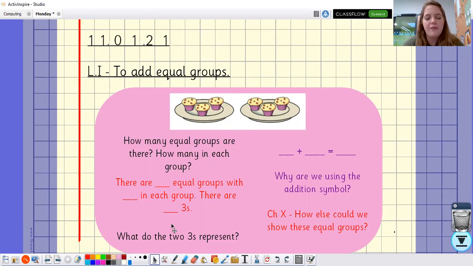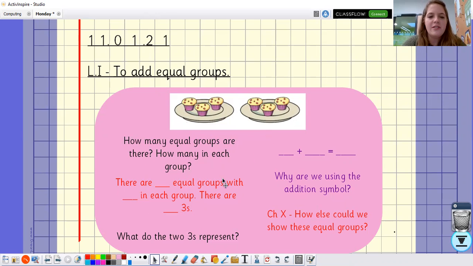So I want you to have a go at this sentence then. There are blank equal groups with blank in each group. And then there are blank 3's. How many 3's are there? If this is 1 3, then how many 3's are there?